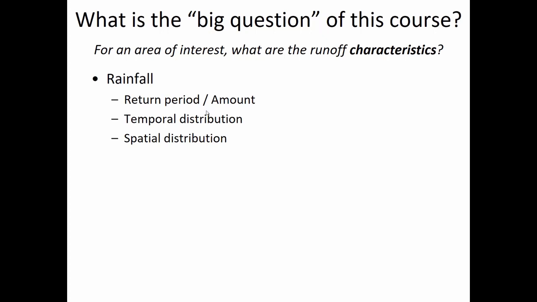So temporal distribution is talking about the amount over time, and then spatial distribution is how much it varies over space. And we talked about how different basin sizes can affect the intensity of storm that you're expecting to see over that wide of an area.